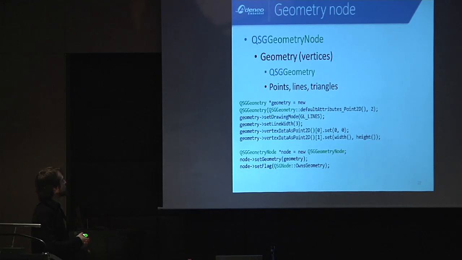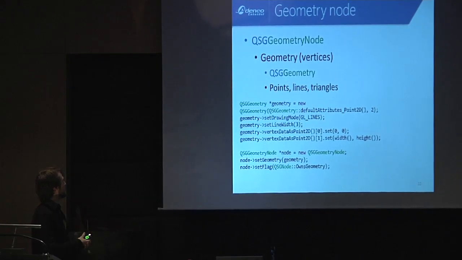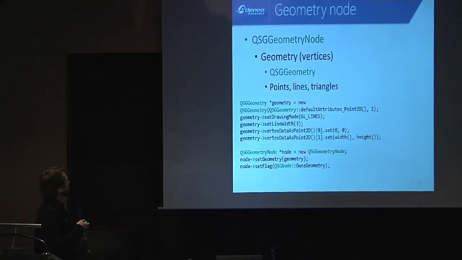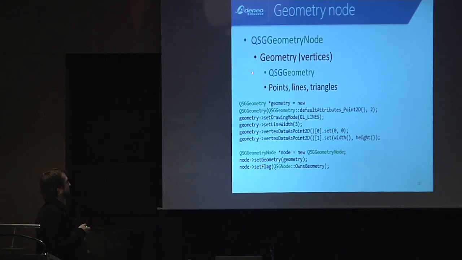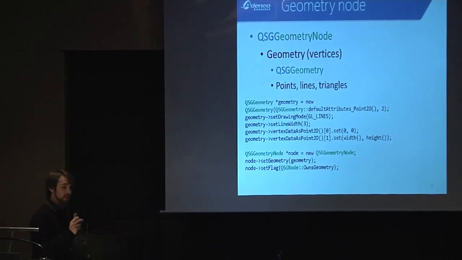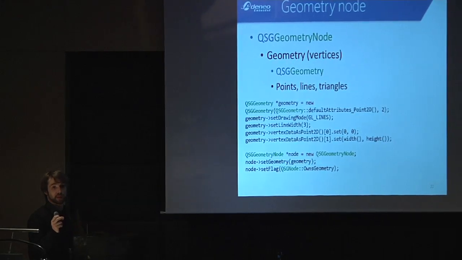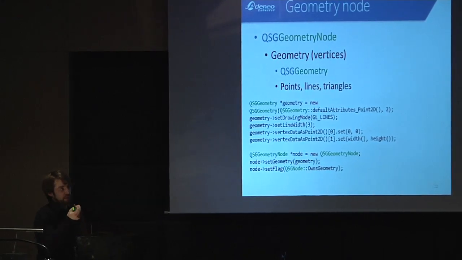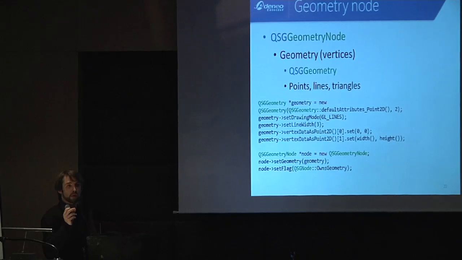A small example with geometry, probably just to say that it's quite complex. So geometry in OpenGL when rendered, there are different types of geometry. The base element of geometry is always the vertex. A vertex is a point in 3D space.